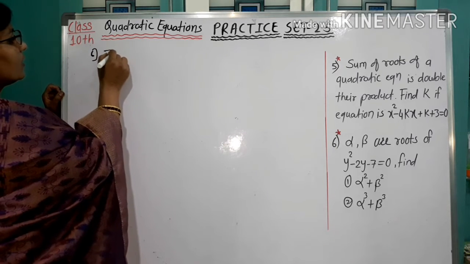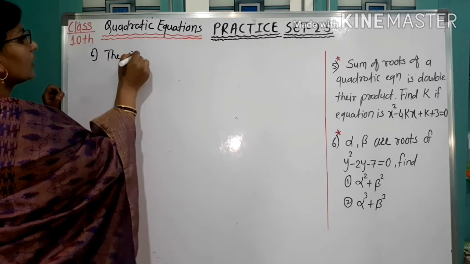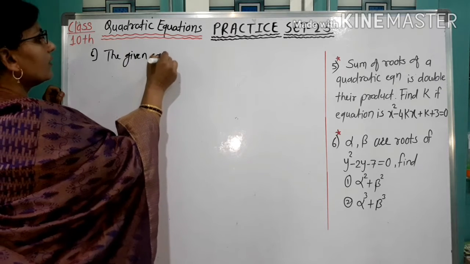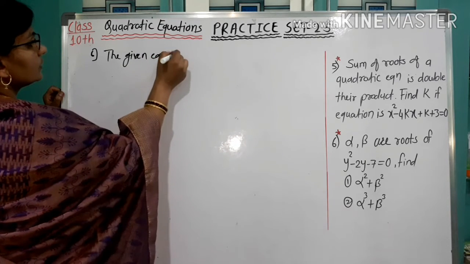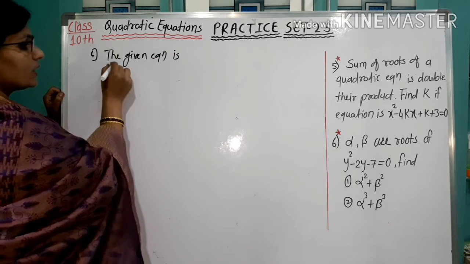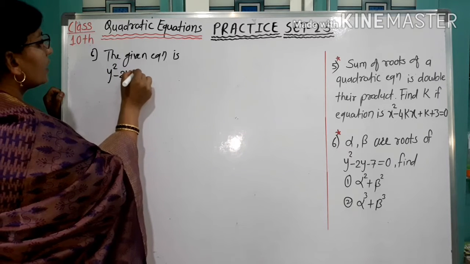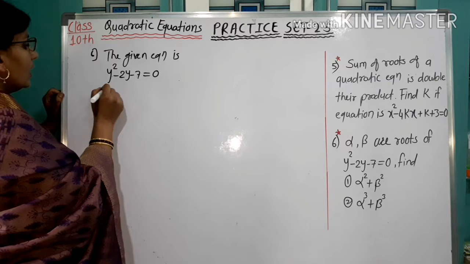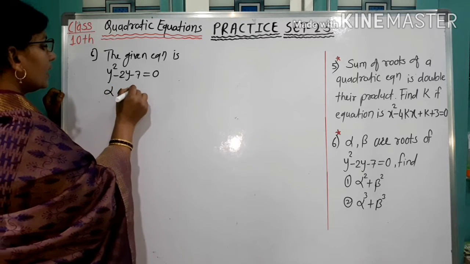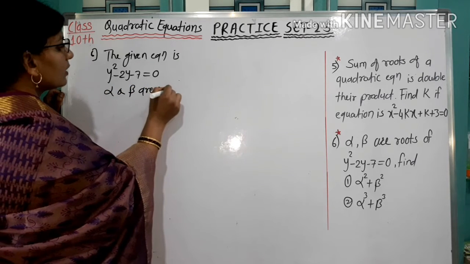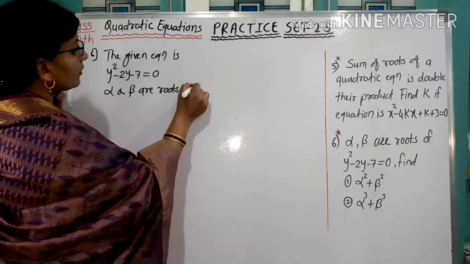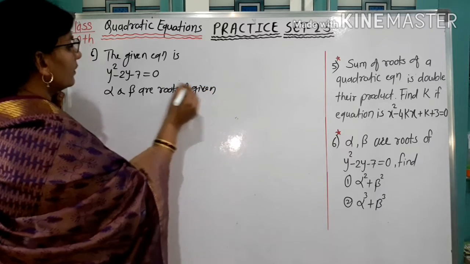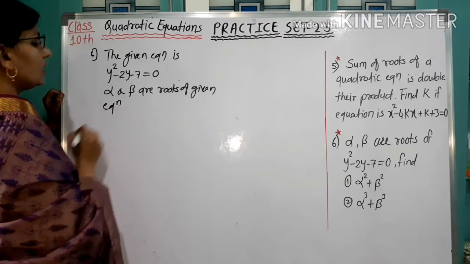That is, the given equation is y square minus 2y minus 7 equal to 0. Alpha and beta are roots of the given equation.